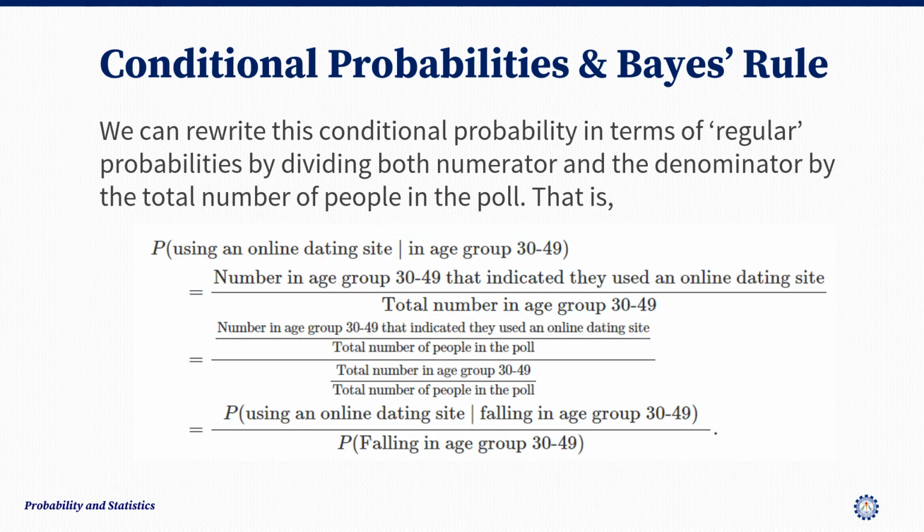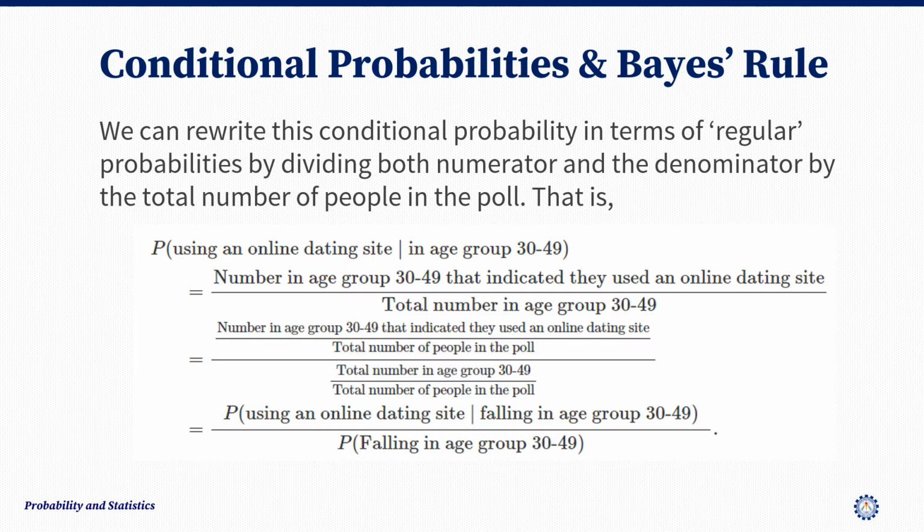We can rewrite this conditional probability in terms of regular probabilities by dividing both numerator and denominator by the total number of people in the poll. That is, the probability of using an online dating site given in an age group of 30 to 49 is equal to the number in age group 30 to 49 that indicated they use an online dating site over the total number in age group 30 to 49.